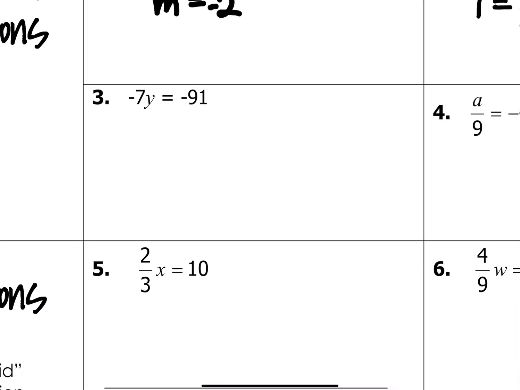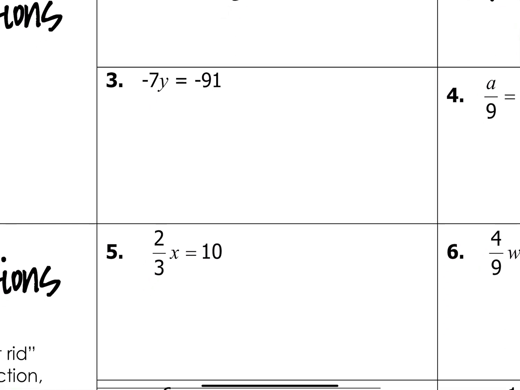Now with multiplication and division, we're looking at a coefficient of the variable. So in this case, I have to get rid of my negative 7. If I can make that negative 7 become 1, if I can make this 1y, that's the same as y.